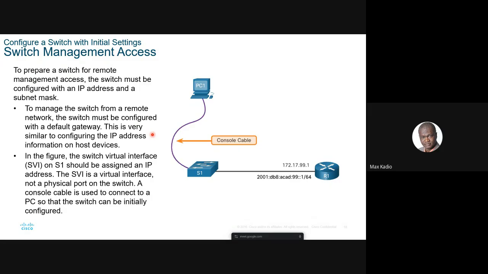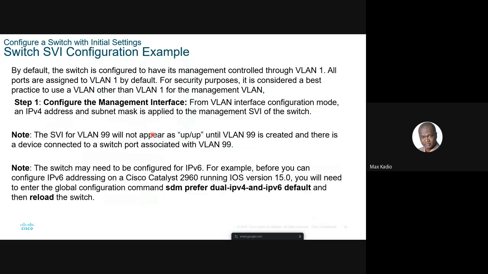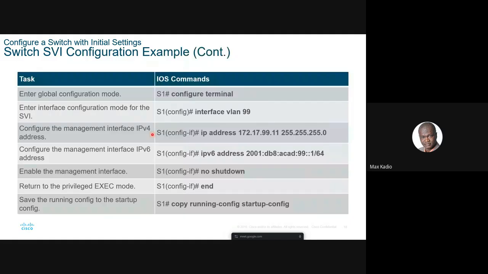Okay, this one we did in CCNA1, how to configure, and we did also conft, interface VLAN 1 or any number, IP address, no shutdown, you save.